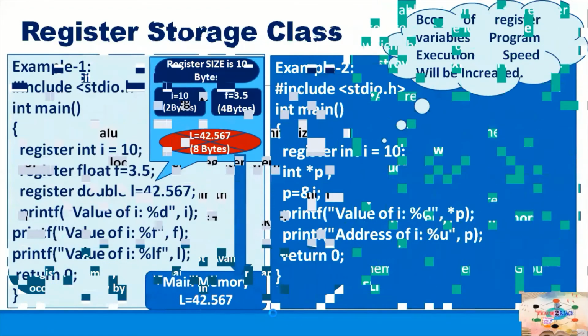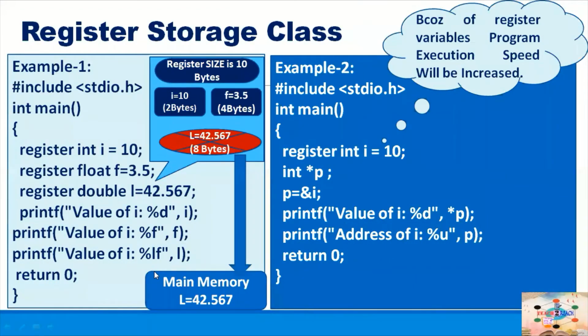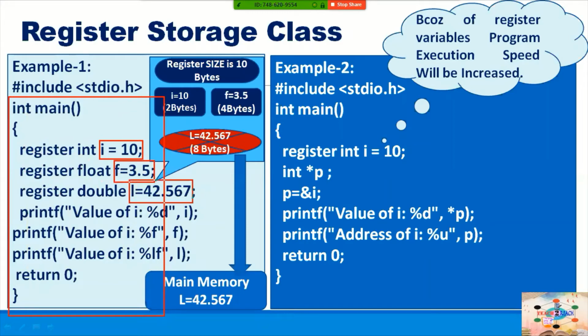Now we'll see one example in this slide. Let us consider this program. In this main function, three different variables are declared. One is I, qualified as a register type integer variable. Another one is F, a register type float, and L, a register type double variable.